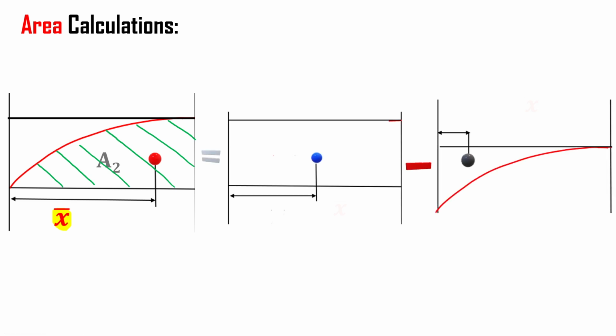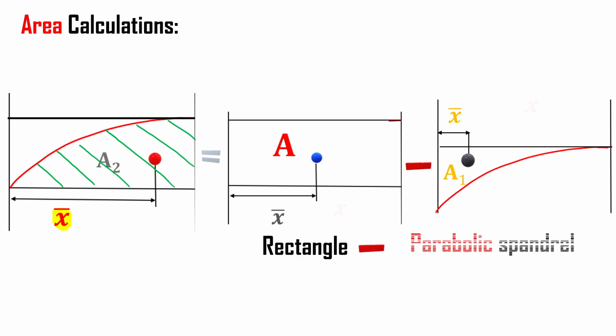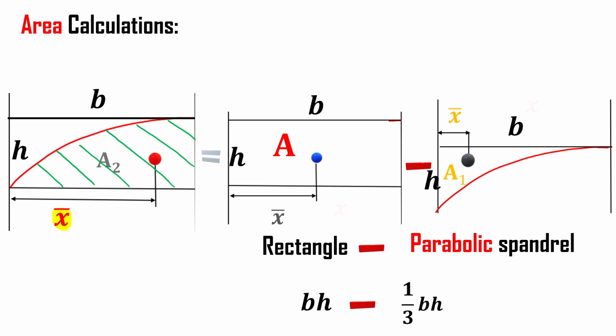So the rectangle minus the spandrel a1, it just says b times h minus 1/3 of b times h, and it just gives us a2 is equal to 2/3 of bh, which is here. Now we have the area for this part.